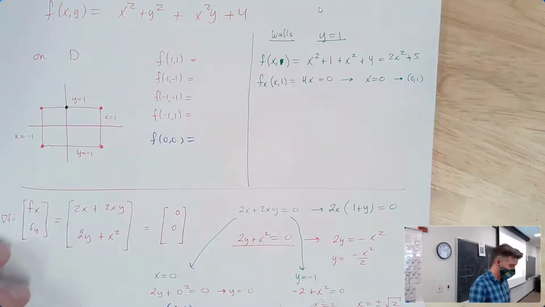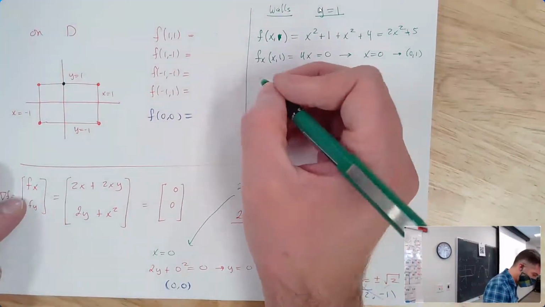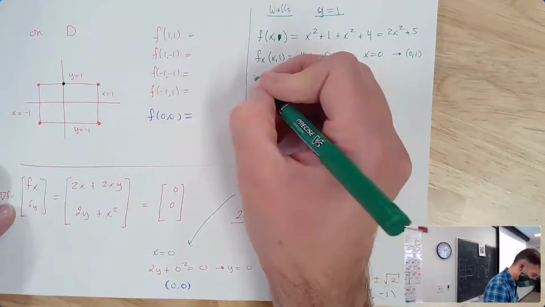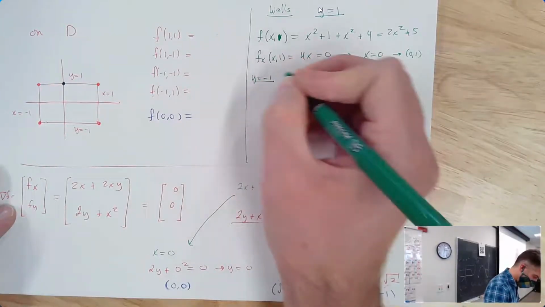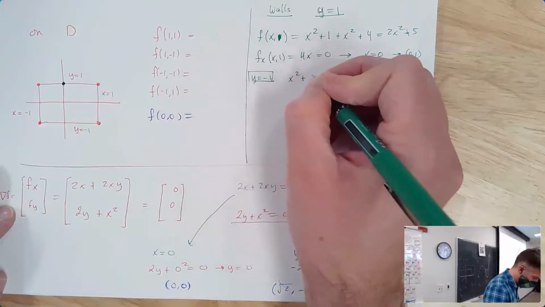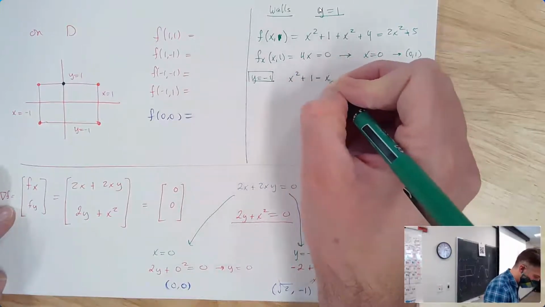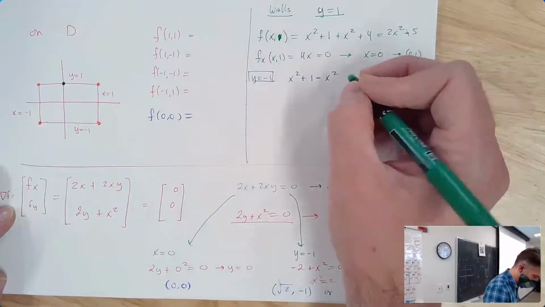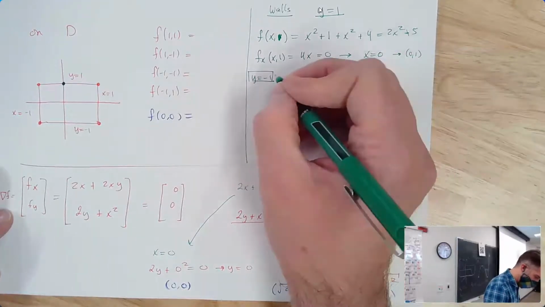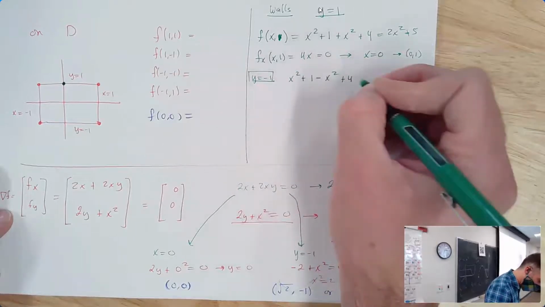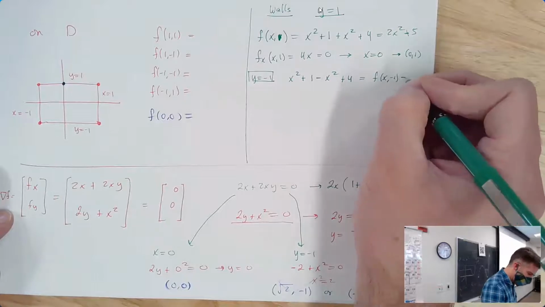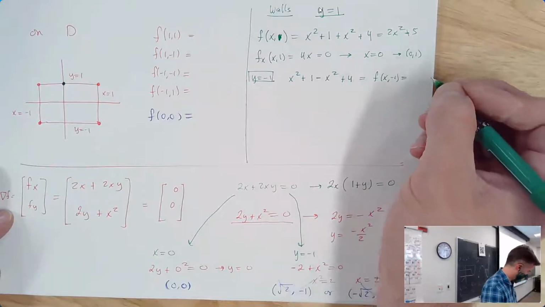And then we're going to do the same thing for every other wall. So if y equals negative 1, we're going to have x squared plus 1 again, minus 1 times x squared, plus 4. That's f of x comma negative 1, and that's just equal to 5.